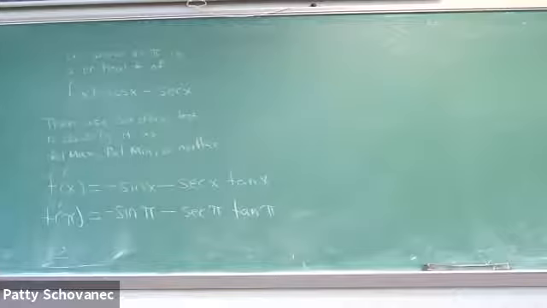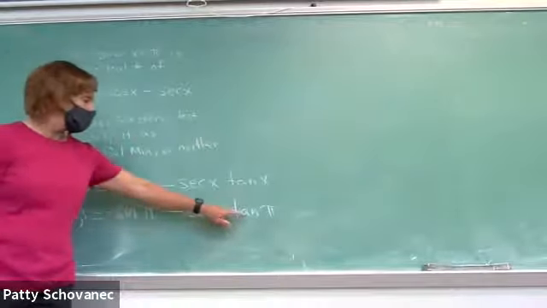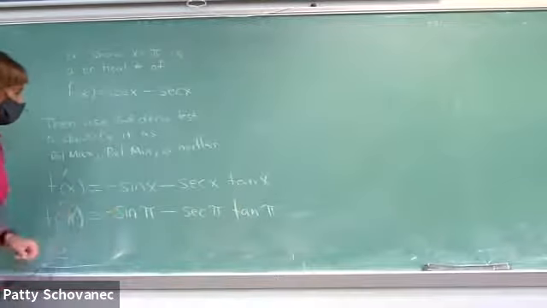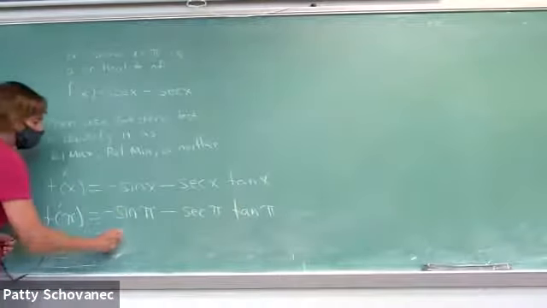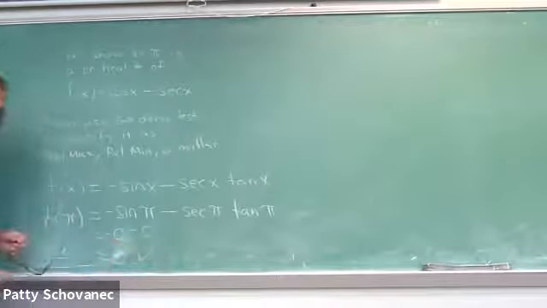I know the sine of pi is 0, which makes the tangent of pi 0, because tangent has a sine in the numerator. And since it's multiplied by 0, I don't even have to know what the secant of pi is. I have 0 times that, and 0 here. So we have 0 minus 0, which is 0. That means it's a critical number.